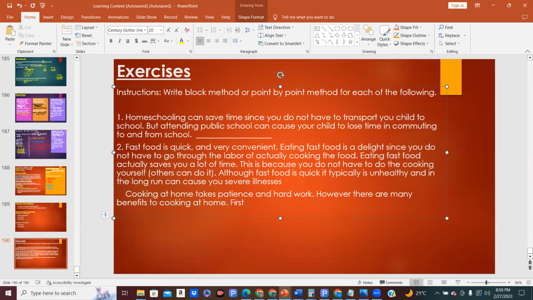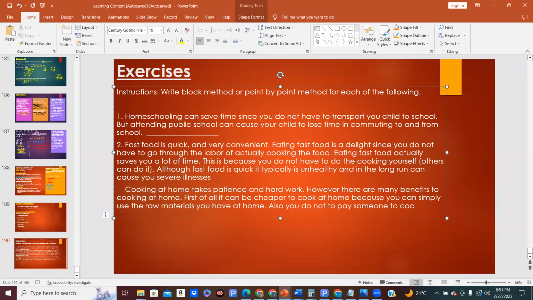First of all, it can be cheaper to cook at home because you can simply use the raw materials you have at home, and also you do not have to pay someone to cook for you.